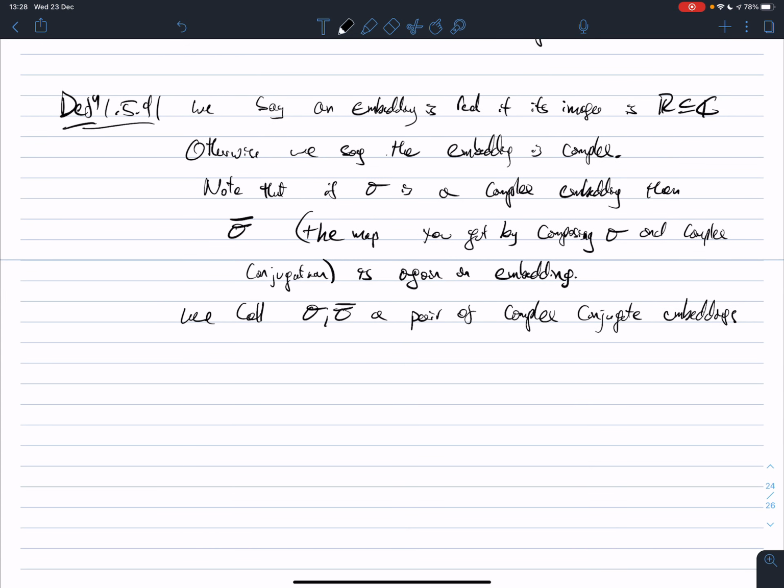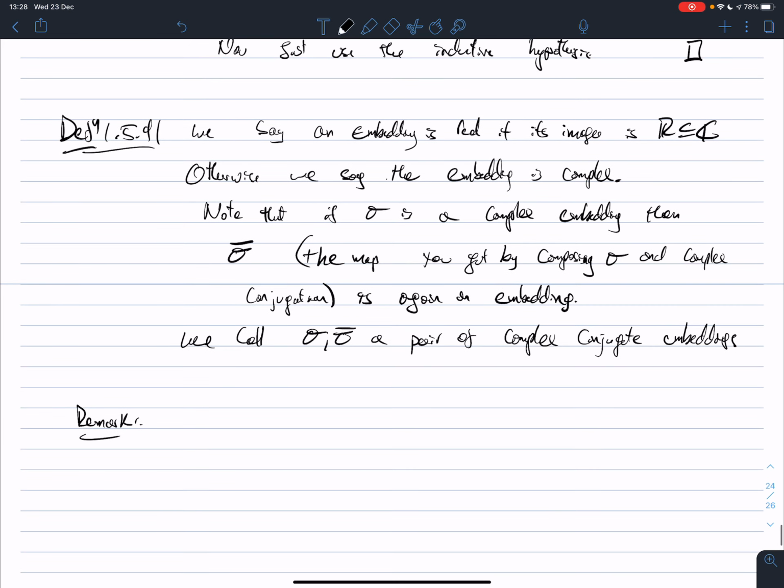Here's a remark that follows from this definition and the previous proposition. Note that if we have K over Q, a finite extension, and R1 equals the number of real embeddings. This is going to be standard notation.